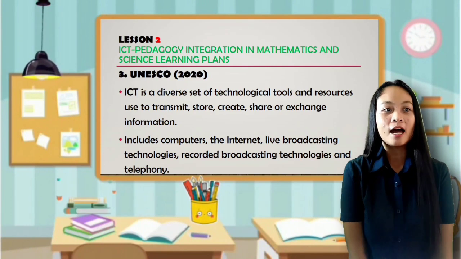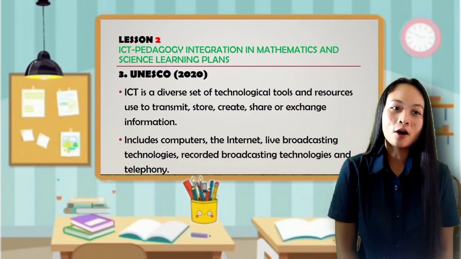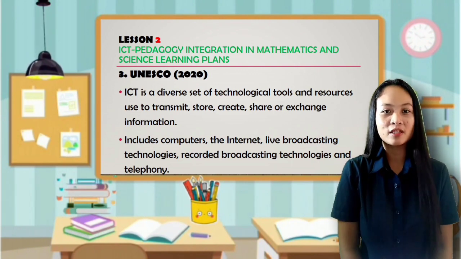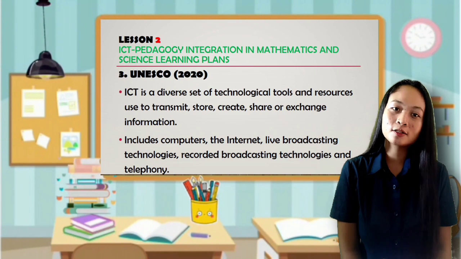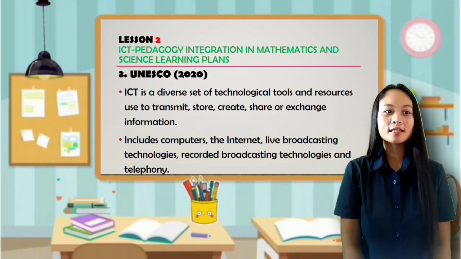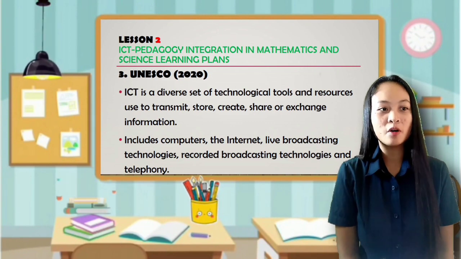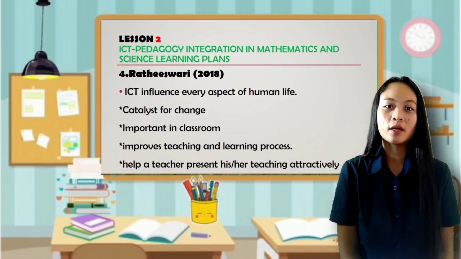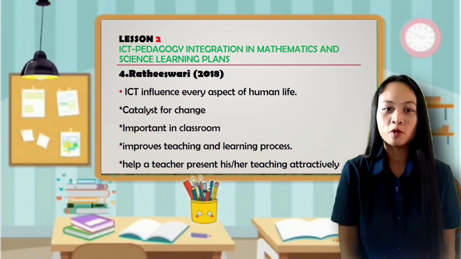Number 3 is UNESCO, 2020. According to UNESCO, ICT is a diverse set of technological tools. These technological tools and resources include computer, internet, live broadcasting, and telephony. And the last, number 4, is Ratiswari, 2018. ICT influences every aspect of human life.